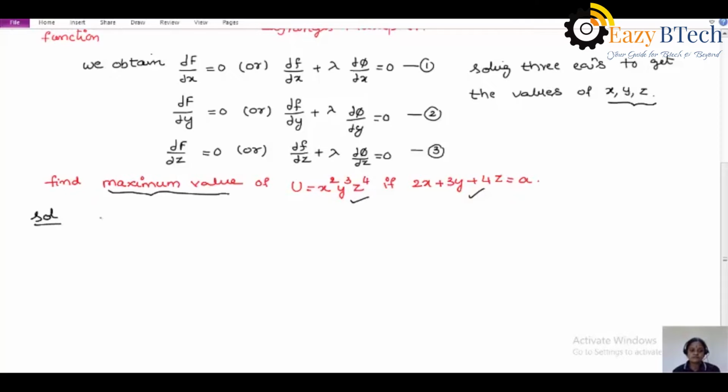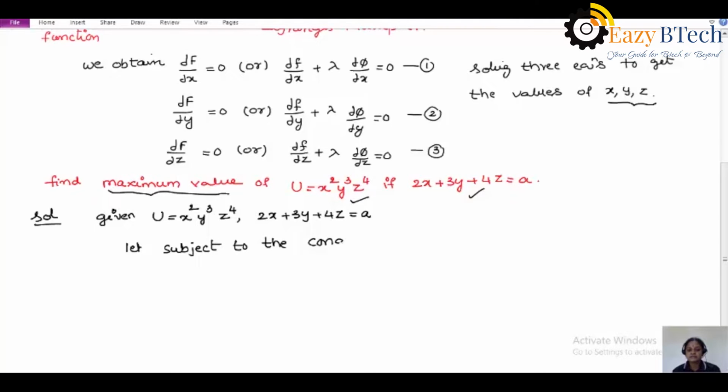Solution. At first, given u is equal to x square y cubed z power 4 and 2x plus 3y plus 4z is equal to a. So let the subject to the condition be phi.